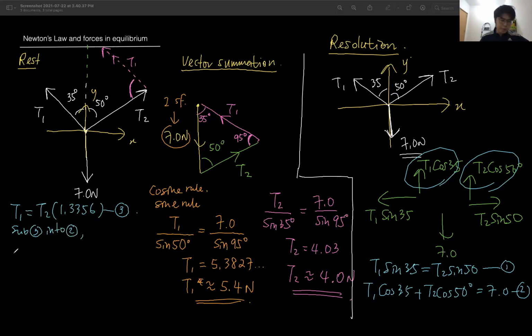Sub 3 into 2, so I get T2 sine 50 over sine 35 times cos 35 plus T2 cos 50 equals to 7.0. Simplifying, I'm going to get 1.094 T2 plus T2 equals to 7.